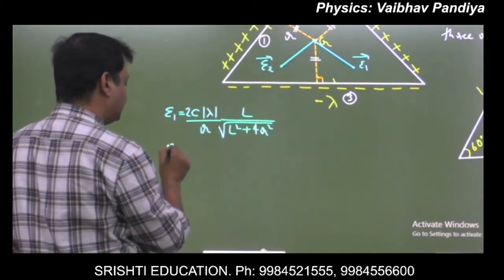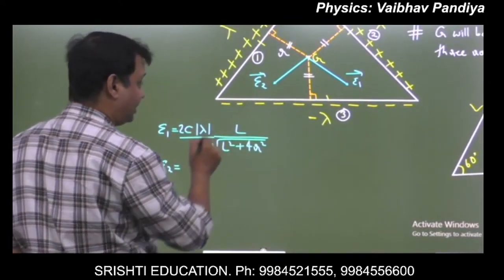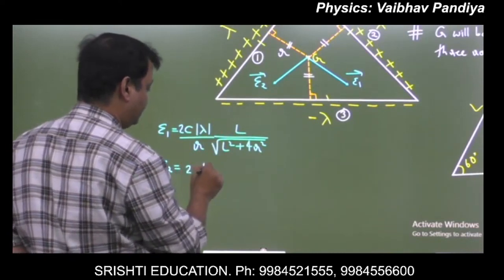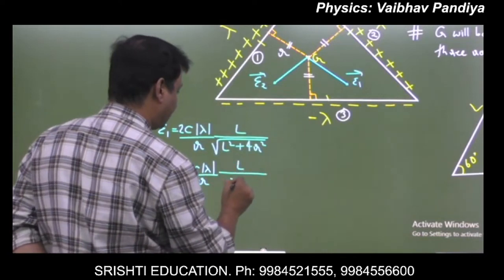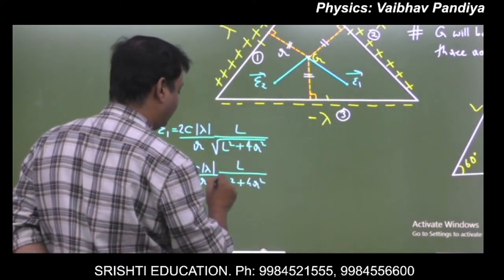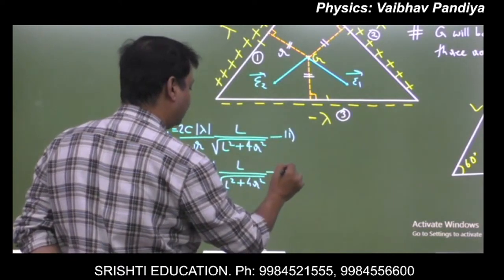Now what will be E2? E2 will also have the same magnitude because lambda is same, R is same. So 2k lambda by R, L divided by L square plus 4R square, correct? Let it be equation number 1 and equation number 2.